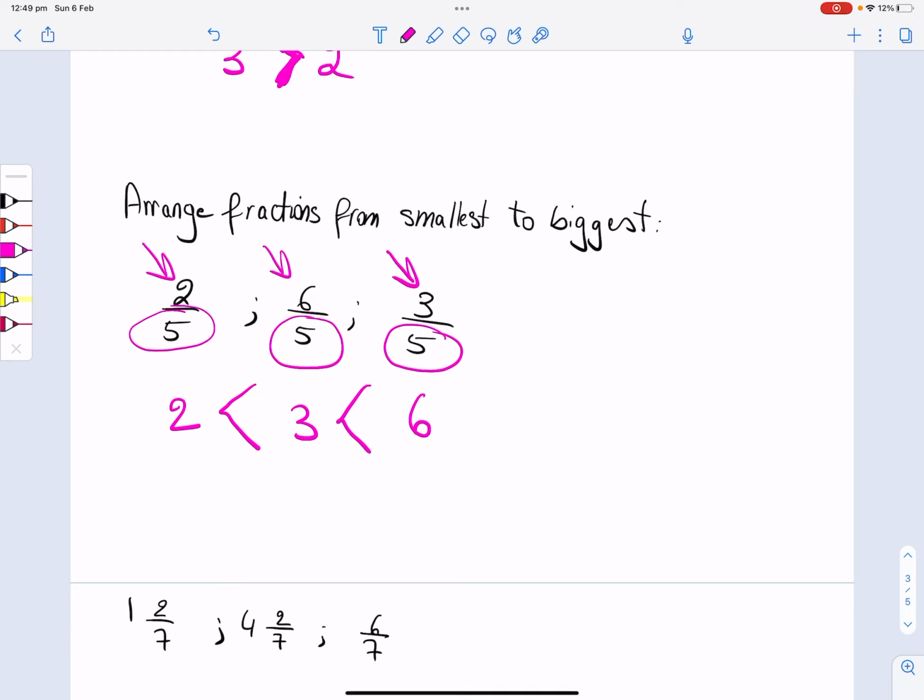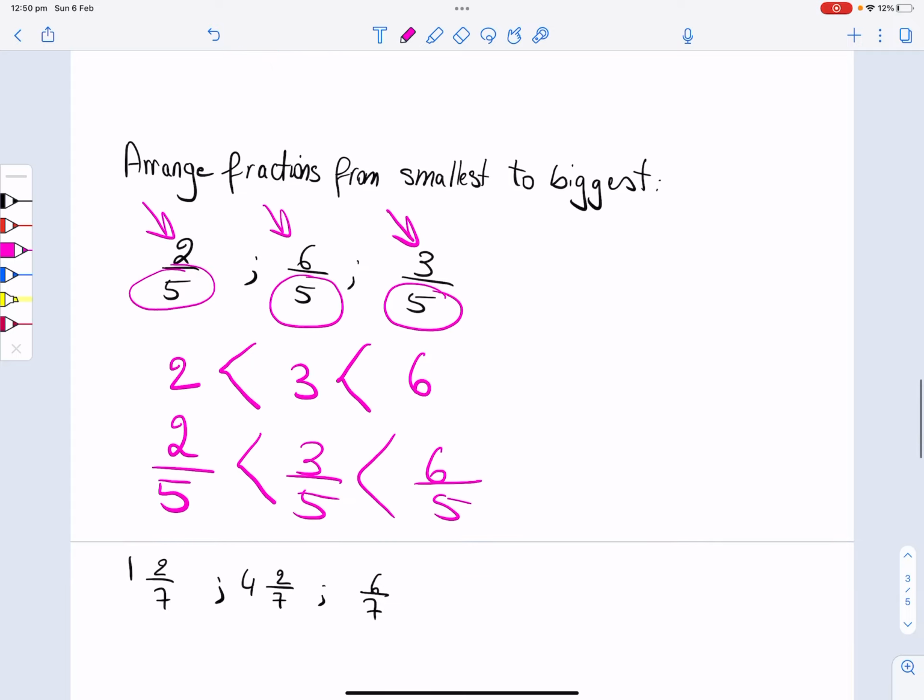Now we remember the rule: if we have the same denominator, the order follows the numerators. Since 2 is smaller than 3, 2 over 5 should be smaller than 3 over 5, and then we have here 6 over 5.